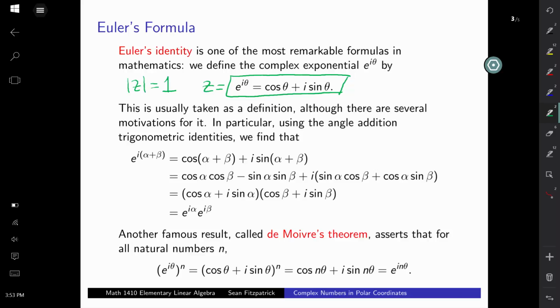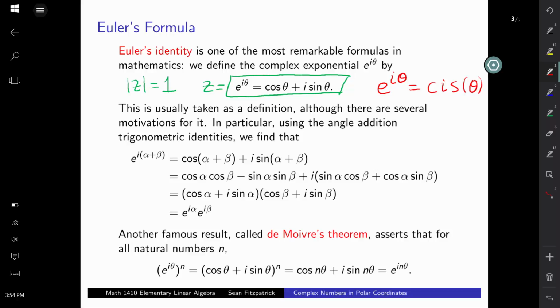And some people, because this idea that you use an exponential does seem a little bit unmotivated, it seems a little bit odd. One of the things that you will find, and our textbook is no different, is instead of writing e to the i theta, you will often find this notation CIS of theta, which is somehow supposed to remind you of a trig function, like cosine or something.